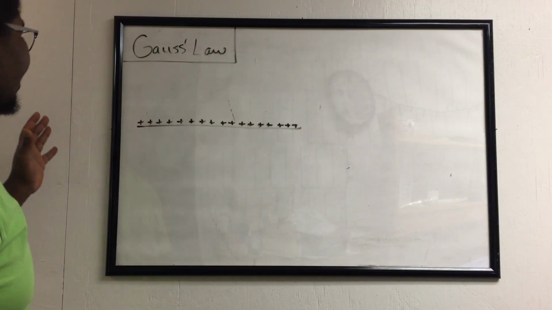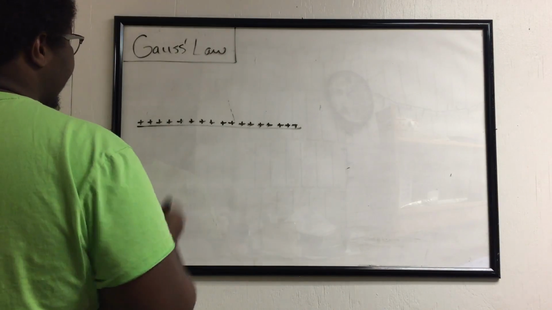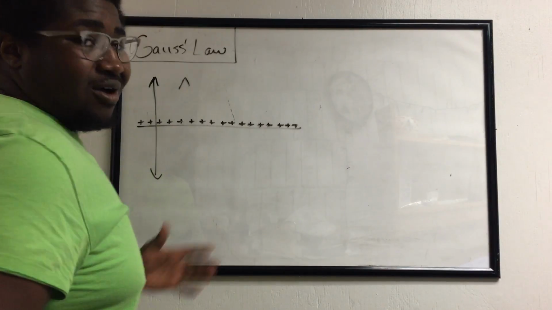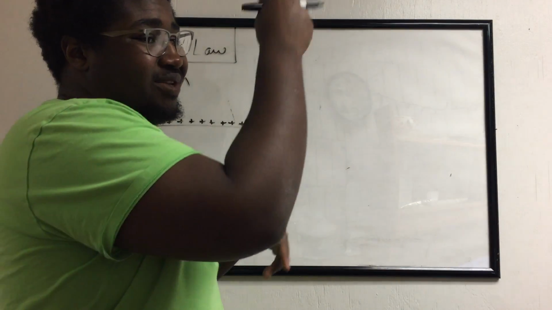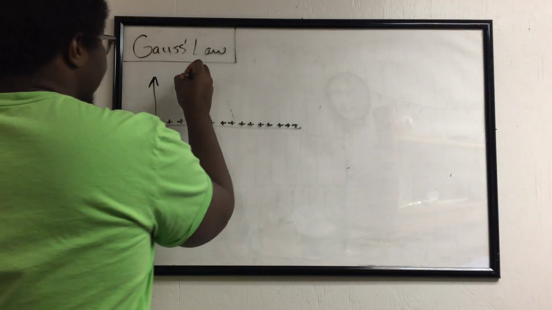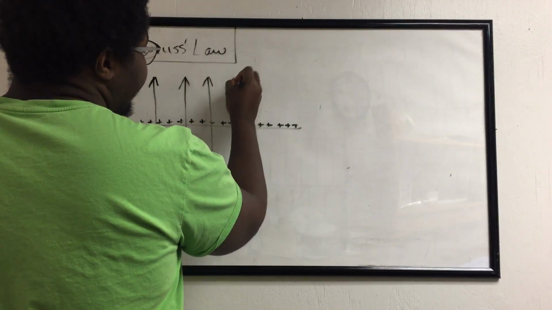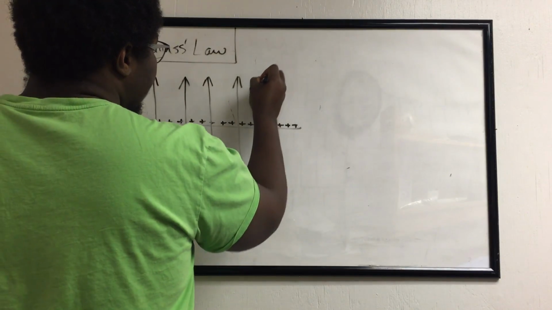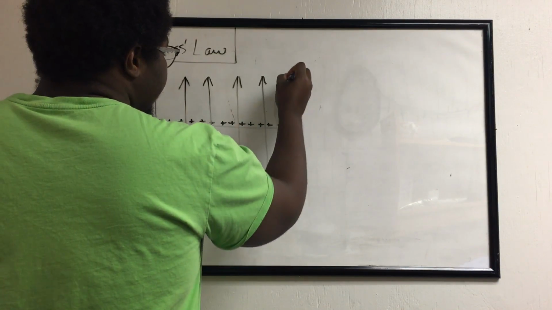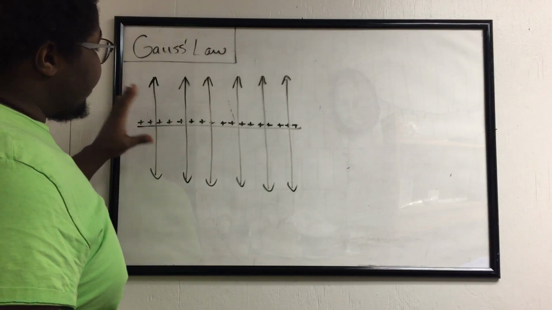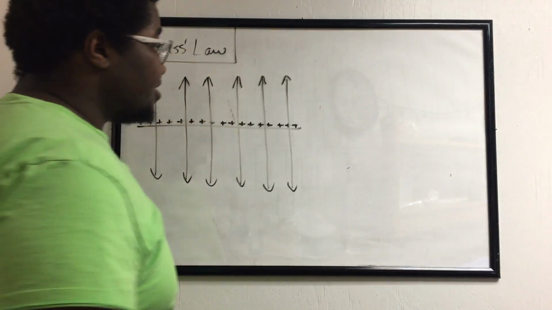Now this line charge is going to have an electric field propagating around it all ways out, just like shooting all types of different ways. So we'll denote that electric field by these arrows. So that's our line charge, and this is our electric field around the line charge.